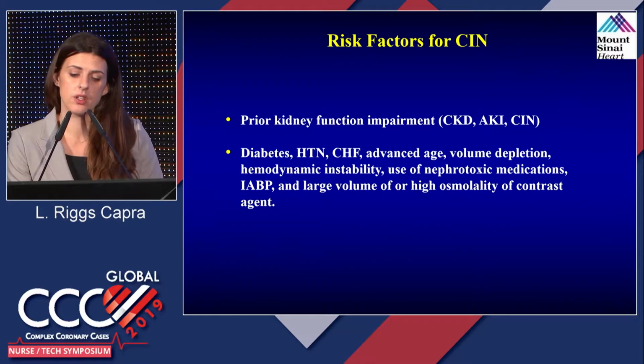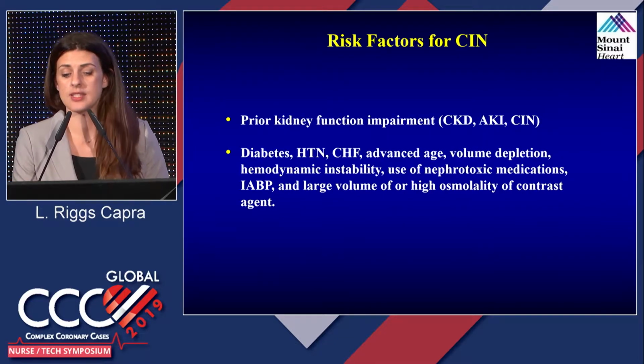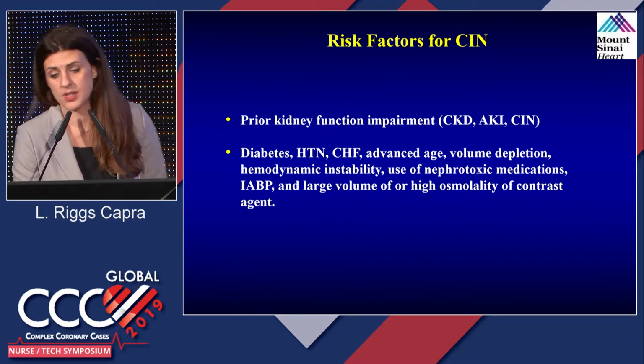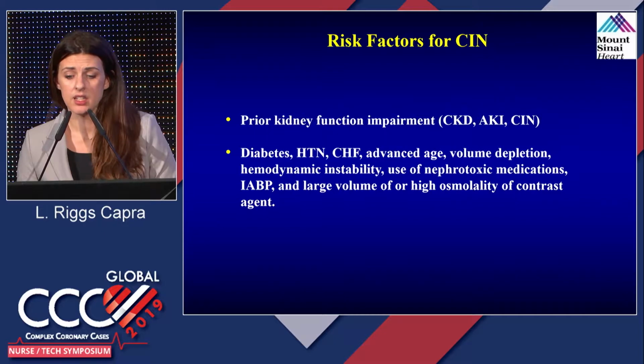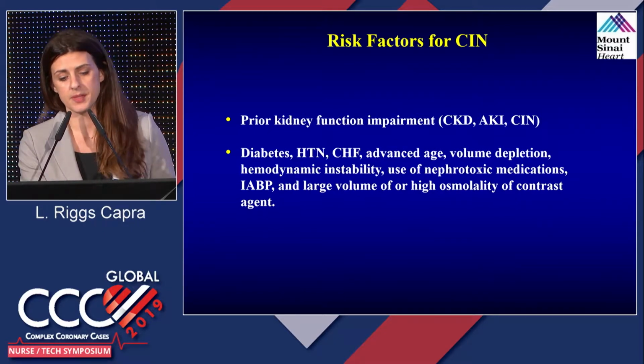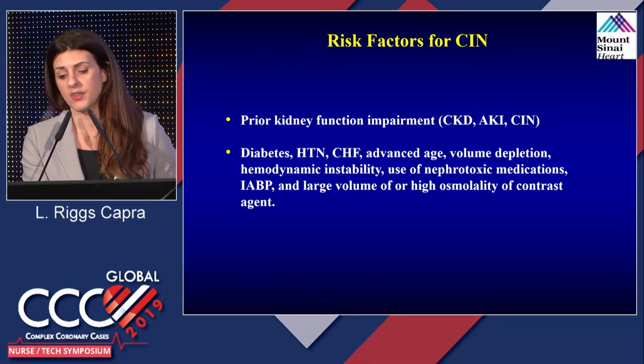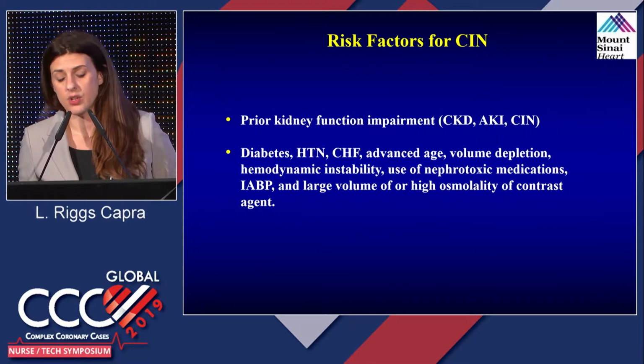Other risk factors include diabetes, hypertension, CHF, advanced age greater than 75, volume depletion, hemodynamic instability, use of those nephrotoxic medications I already mentioned, intra-aortic balloon pumps, and a large volume of a high osmolarity of contrast agents.